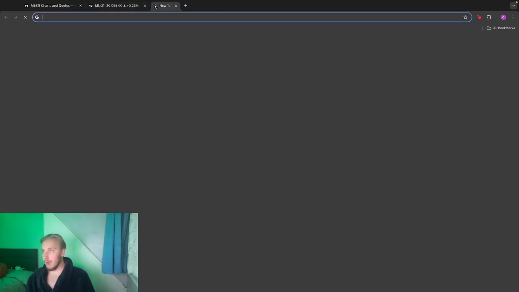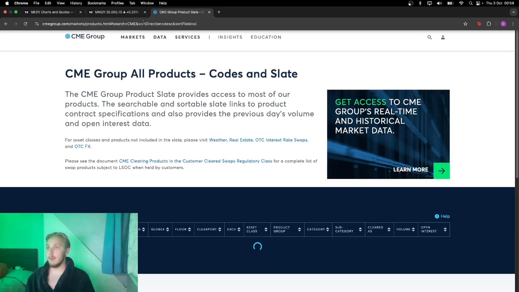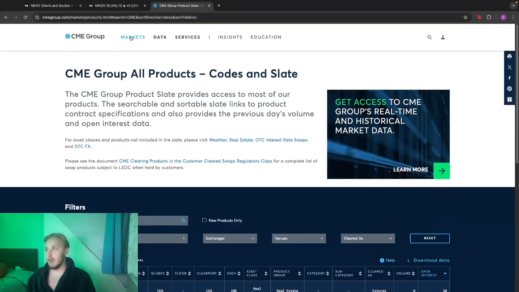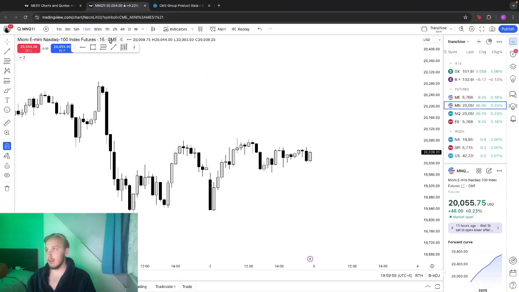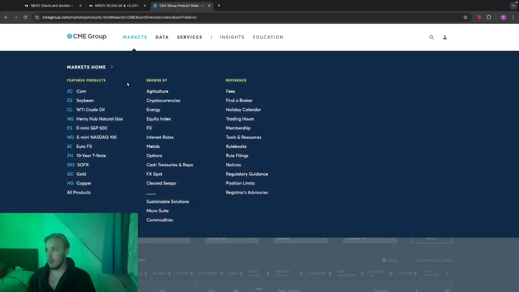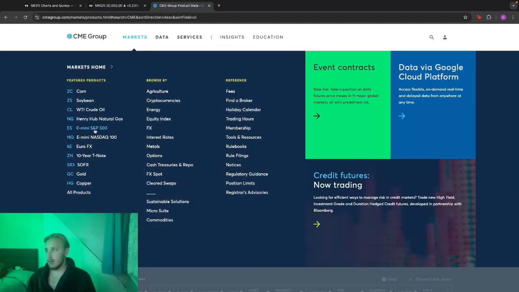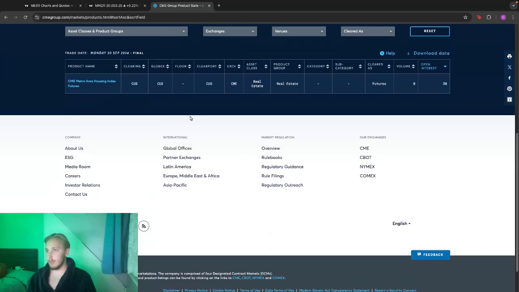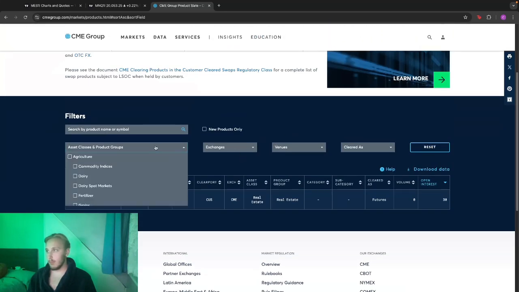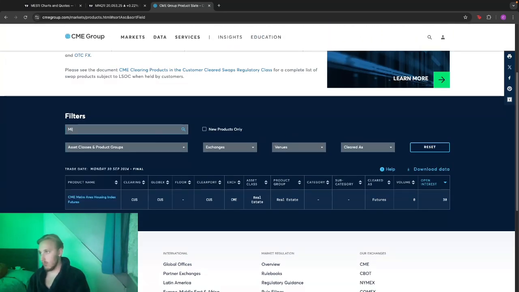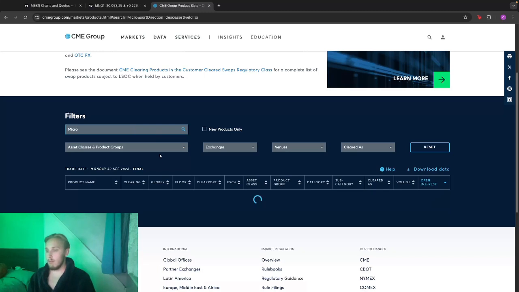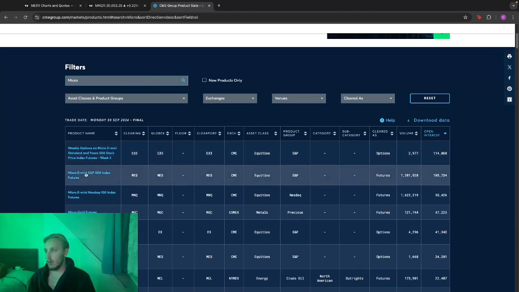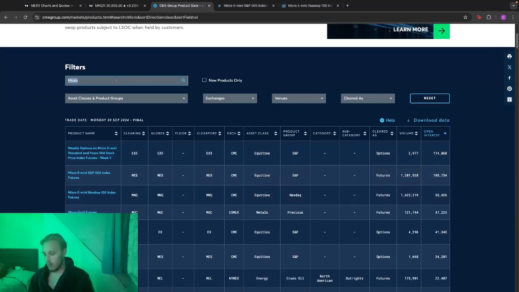So if you trade with the CME data, you come onto markets, and you've got your minis here, and then you can find your micros as well. There you go, micro right here.